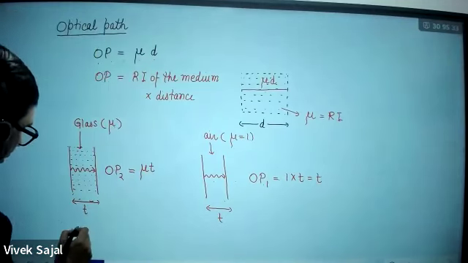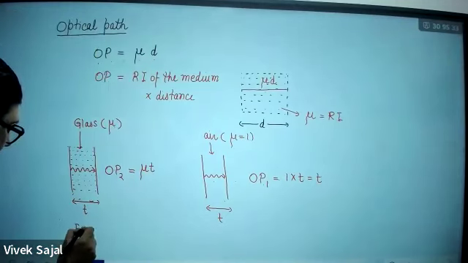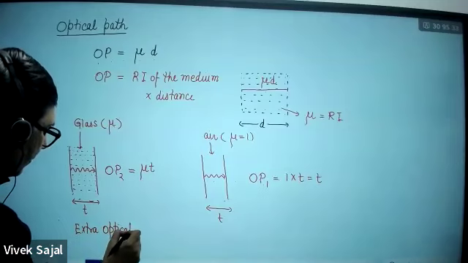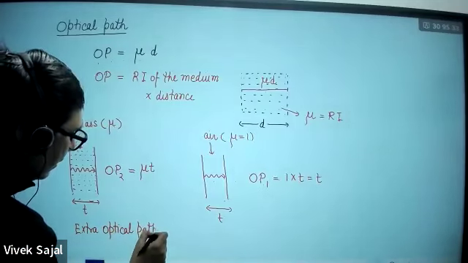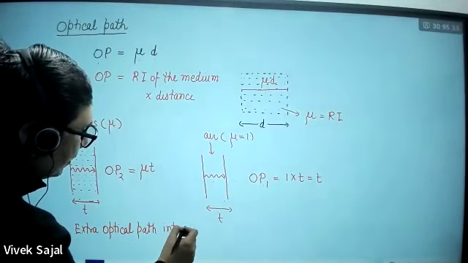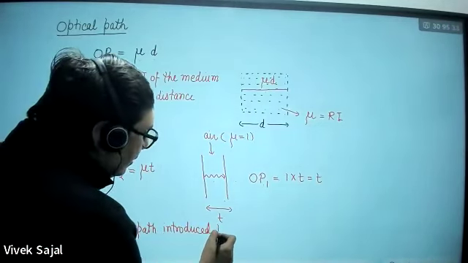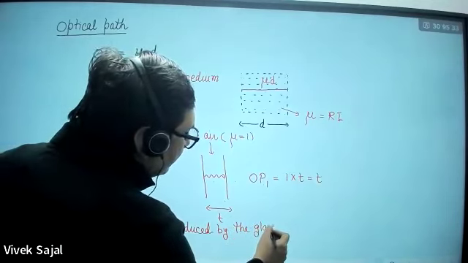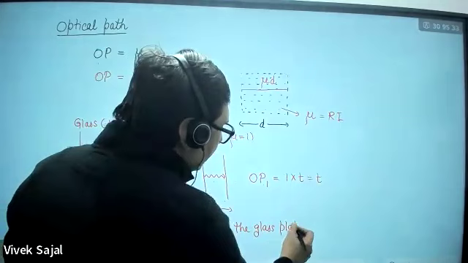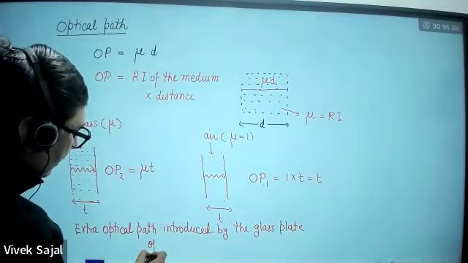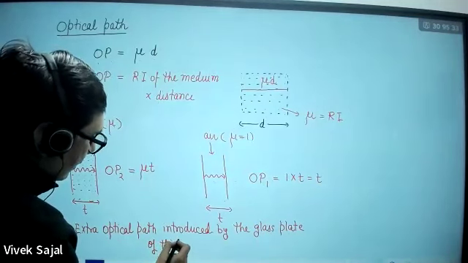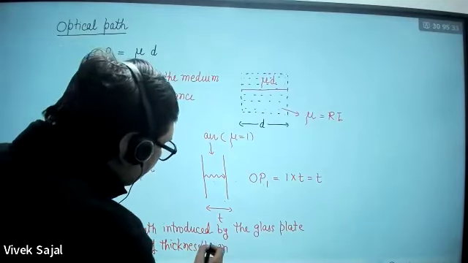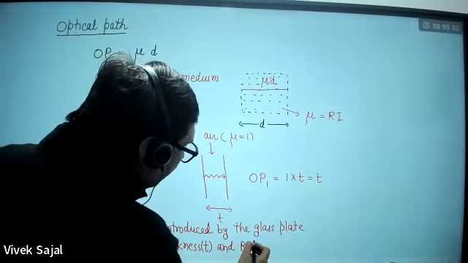So the extra optical path introduced by the glass plate of thickness t and refractive index mu.